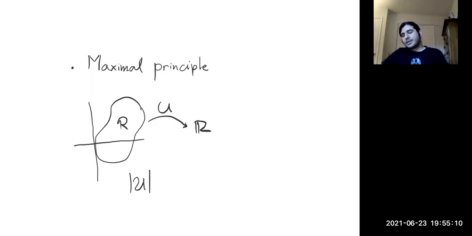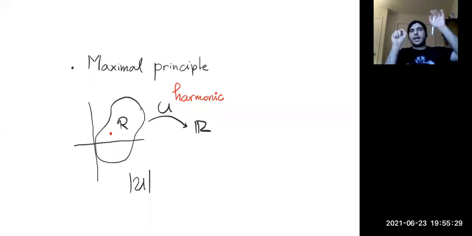And the interesting thing here is that it can never be somewhere inside the region if the function u is harmonic. So if you have a harmonic function, if it's not constant, you can't have the function being maximized inside of this region. So this can't happen.